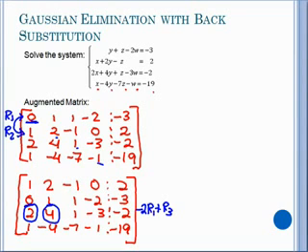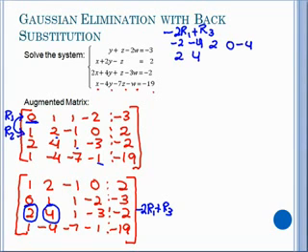So we'll move up here where we've got a little more room, and we get, for -2, R1 plus R3, we have -2, -4, 2, 0, -4, and then we have row 3 is 2, 4, 1, -3, -2.